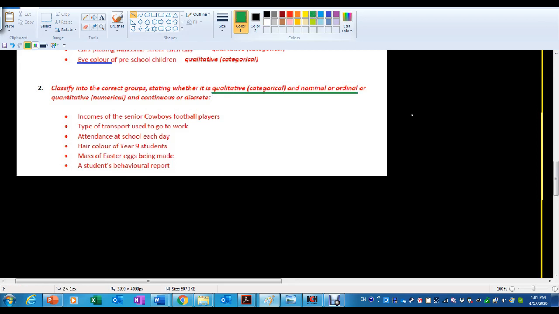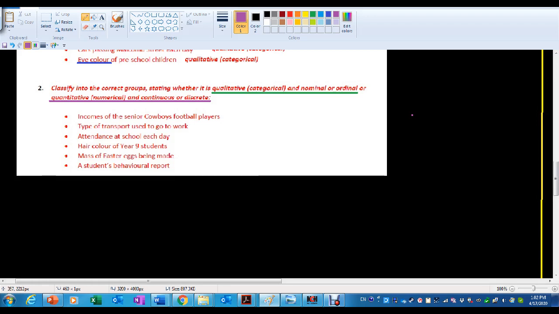On the other hand, if it's quantitative, you need to mention whether it's continuous or discrete. So you need to determine whether it's qualitative or quantitative first, and then you go further to see under each major category the more detailed subcategories.